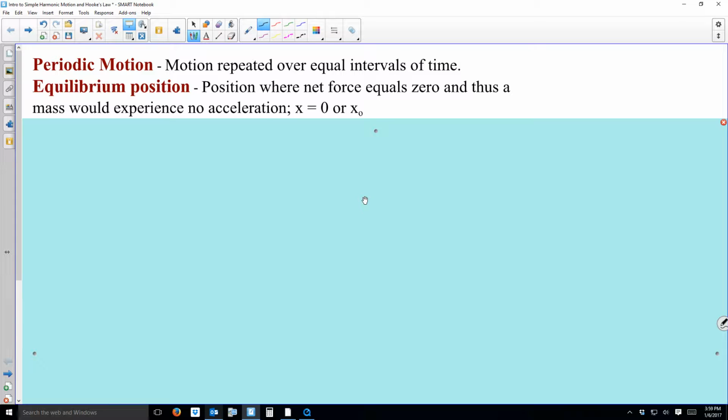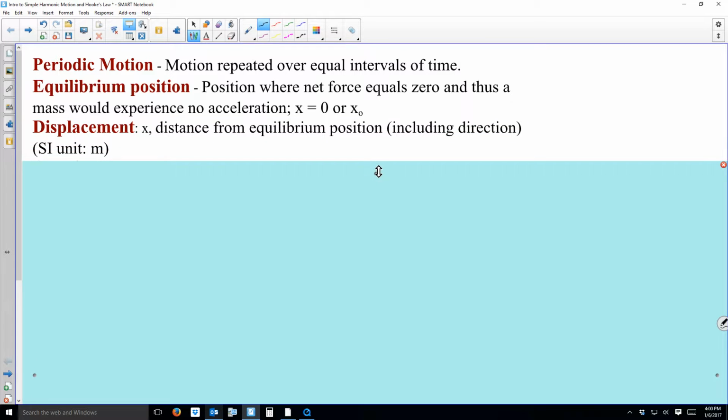The force that the spring is applying upward is the exact same as the force of gravity being applied downward. We call that position x equals 0, or x naught. So both of those are proper nomenclatures for that, but it is the equilibrium position. It's the position that it likes to be in.